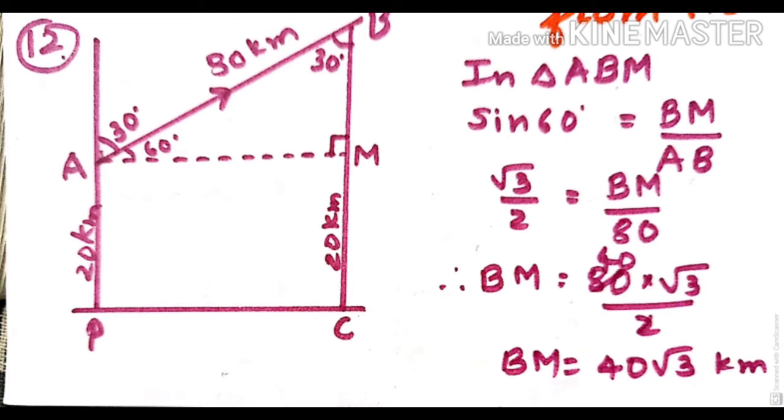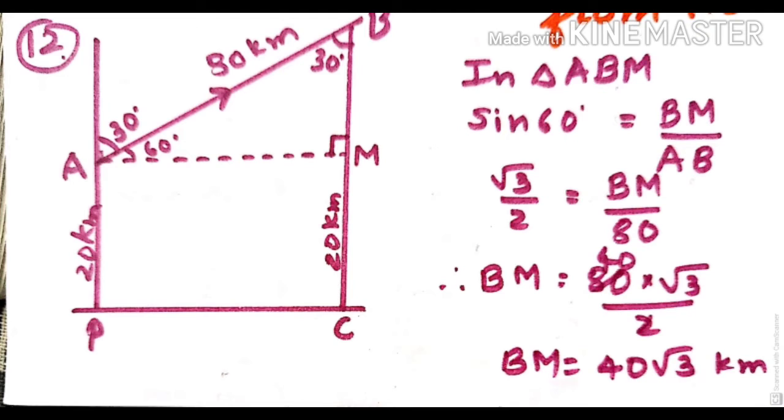PA represents the first stage of its journey. So you can see that PA is the first stage and AB is the second. C is a point vertically below B, that is, under B, on the same horizontal level as P. So P and C are located on the same horizontal level.